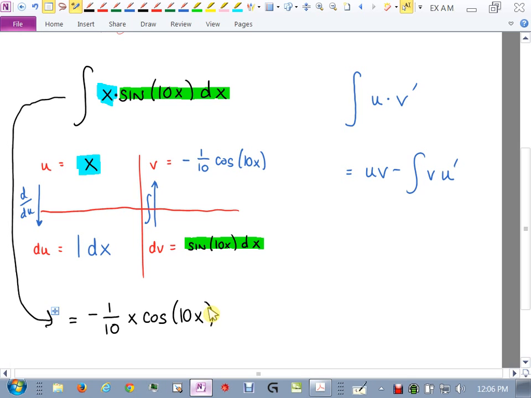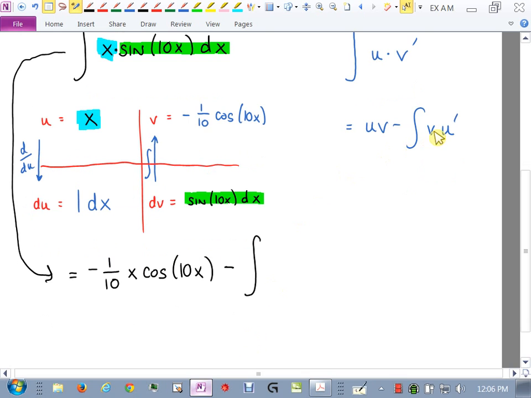Yes. And then I have minus the integral of v u prime, or v du, which would be this one, v, times this one, du.